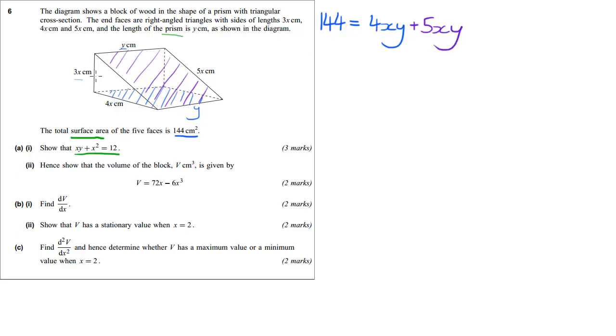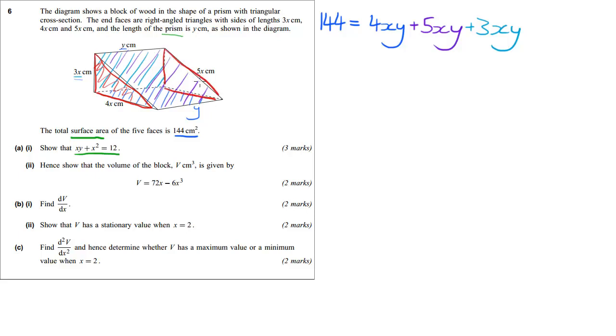And then we're going to go for this back surface, the back of the prism. That one is going to be 3x times by y, so plus 3xy. And then what we have is the two triangle pieces here, this one here, and the same on the back, this triangle piece.